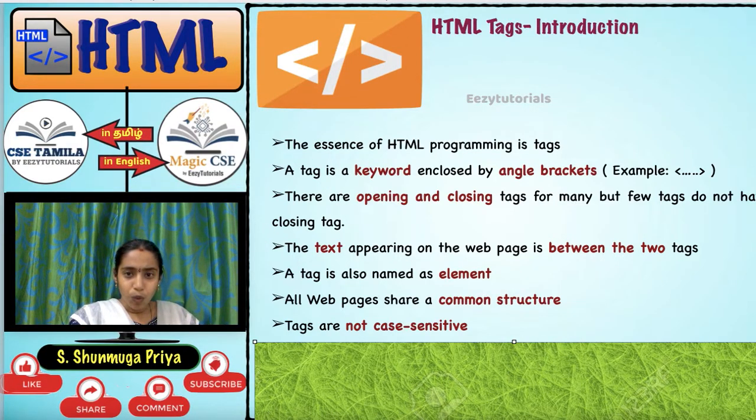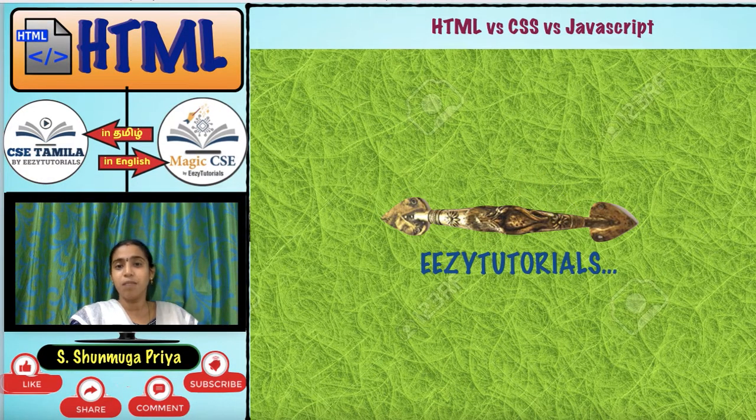So the next thing you have to know is the difference between HTML, CSS and JavaScript. This is a very important thing, because inside an HTML document itself you can have the CSS code as well as JavaScript code. So while you're starting to learn front-end development itself, be clear with the difference between HTML, CSS and JavaScript.